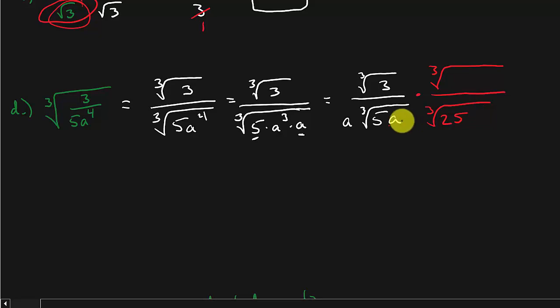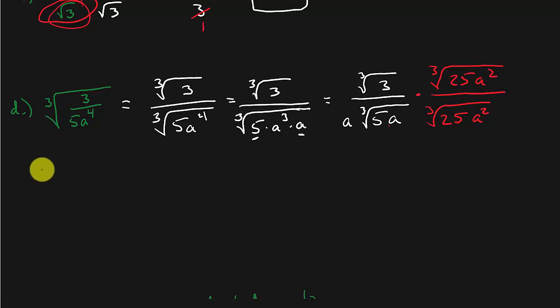And then on this a, I need an exponent that 3 divides into evenly, right? So a times what? A squared is a cubed. You see that? And so this 3 will go into 3 evenly. So I'm multiplying by 25 a squared. Okay?